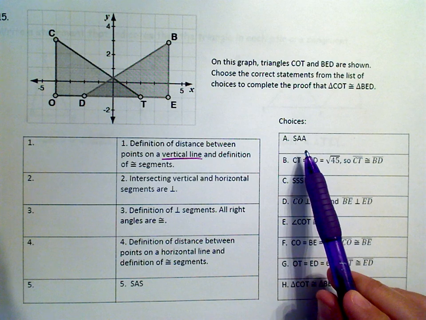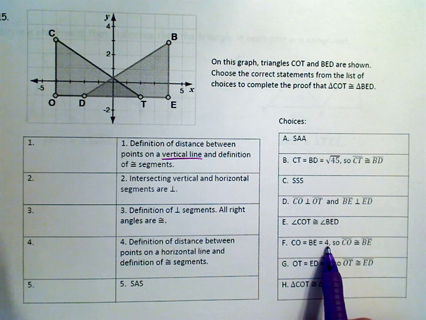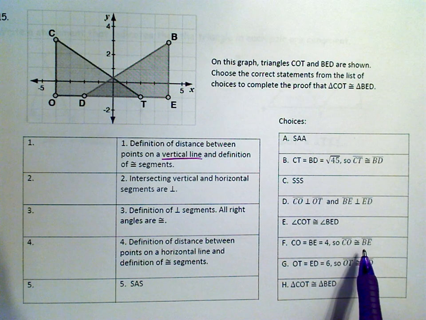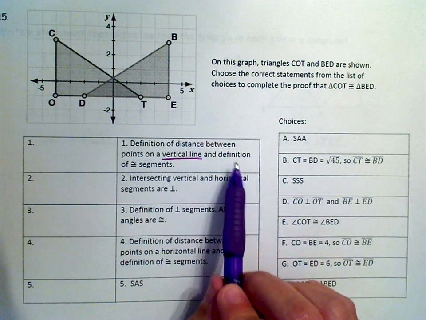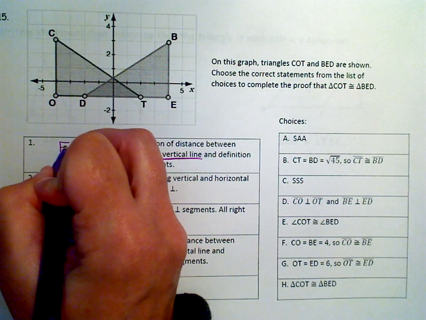So if we look through our choices here, you'll see that F says that CO is equal to BE, which is equal to 4. And since they equal 4, then that means they're equal to each other. And so those are your vertical lines they're referring to, and then their segments are congruent. So we're going to put F right here.